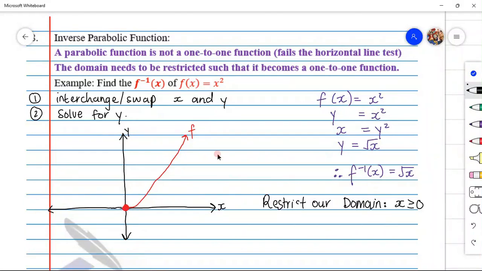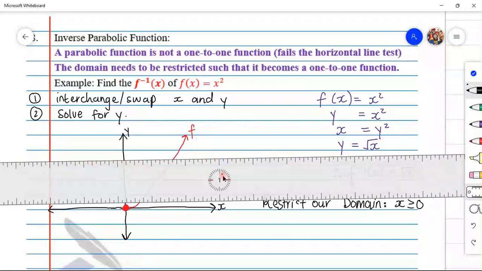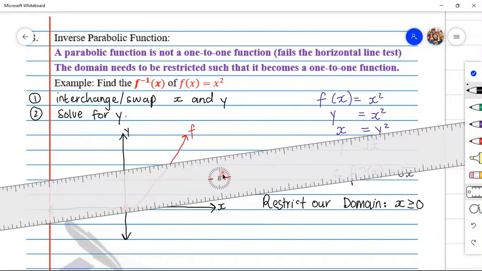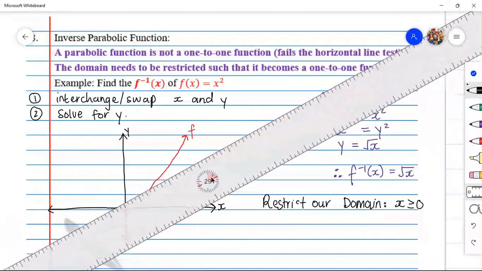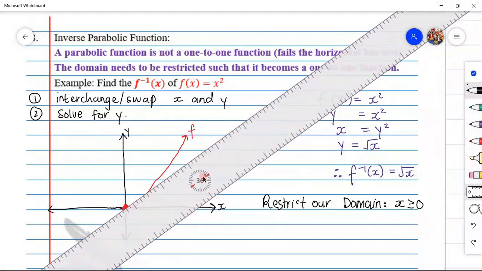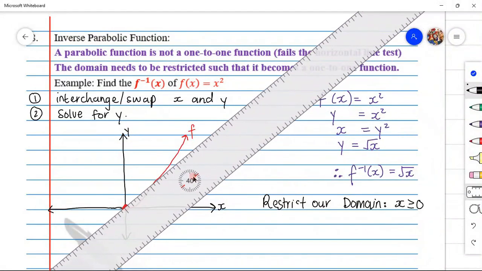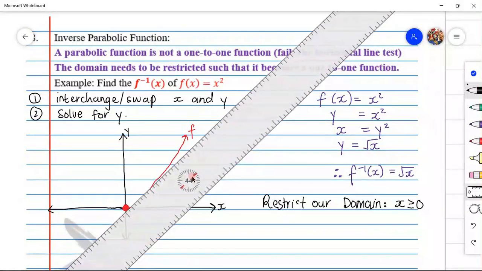If we were to sketch our inverse, let's start by drawing our line y equals x. So whenever we want to sketch an inverse function, we can start by drawing the line y equals x.